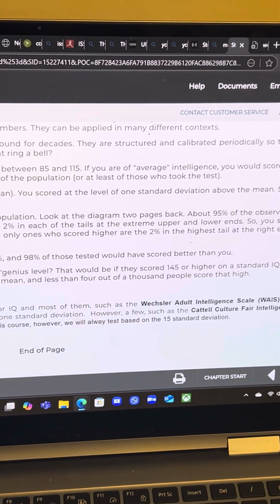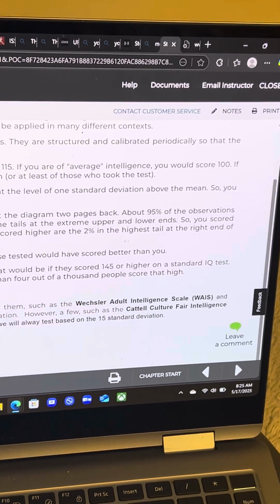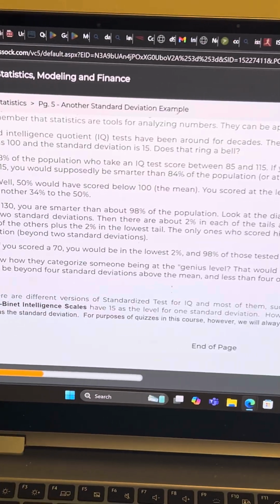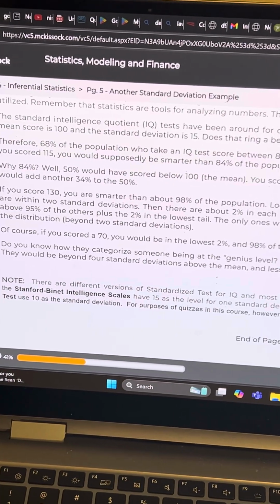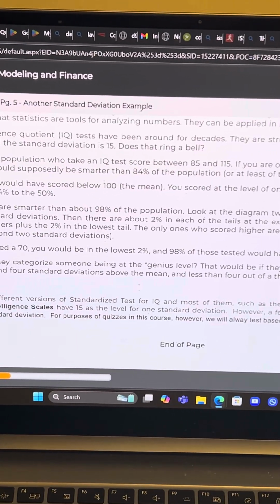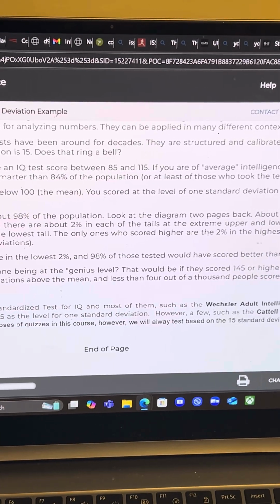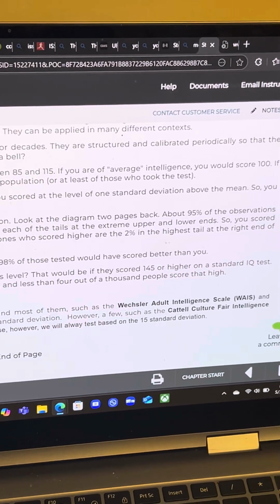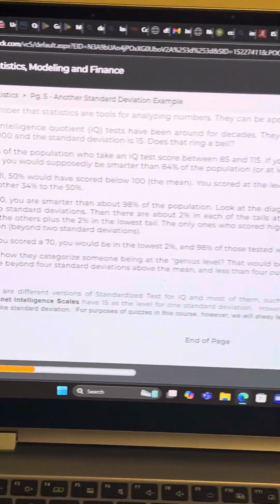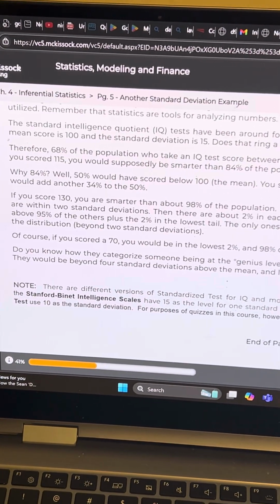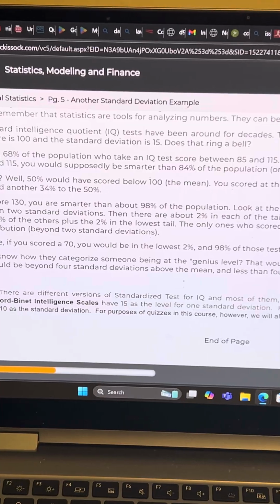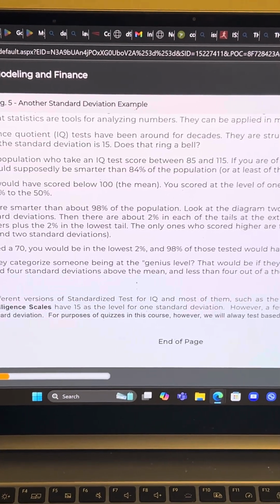Look at the diagram 2 pages back. About 95% of the observations are within 2 standard deviations. Then there are about 2% in each of the tails at the extreme upper and lower ends. So you scored above 95% of the others plus the 2% in the lowest tail.